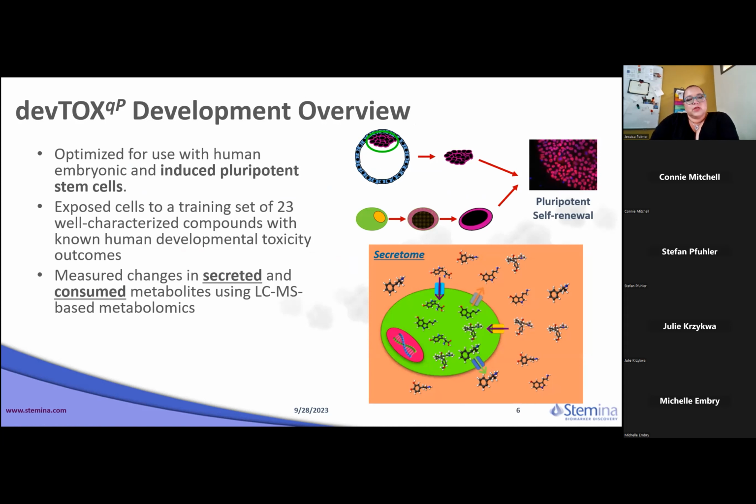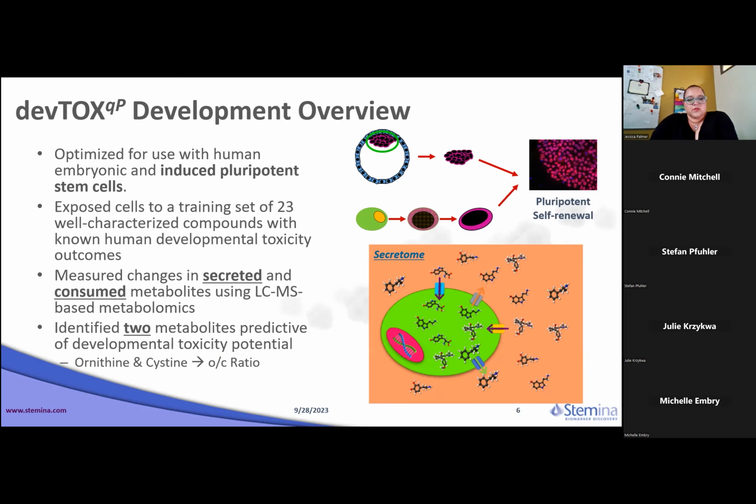We wanted to see what is changing in how these cells interact with the media. We collect the spent media and look at what the cells are taking up, what they are secreting into the media, and how that changes when you treat them with a developmental toxicant versus a non-toxic compound.